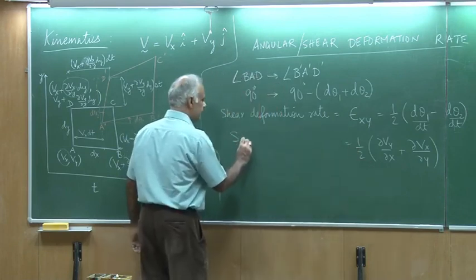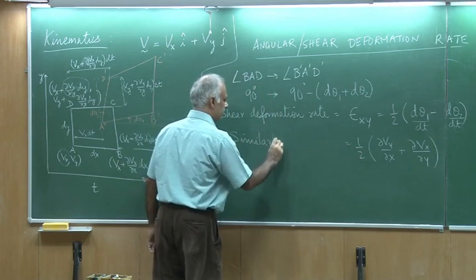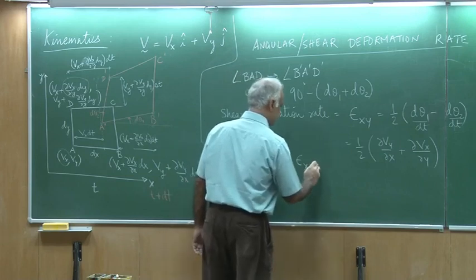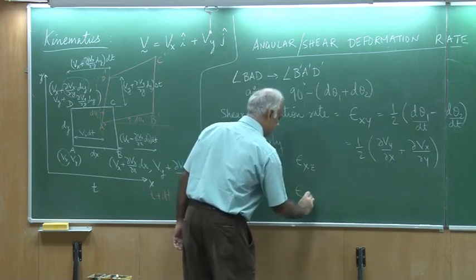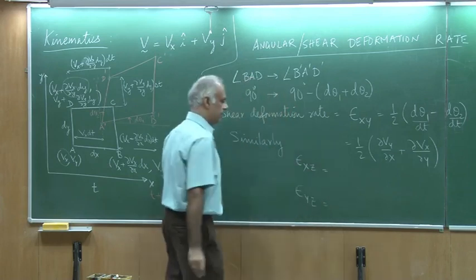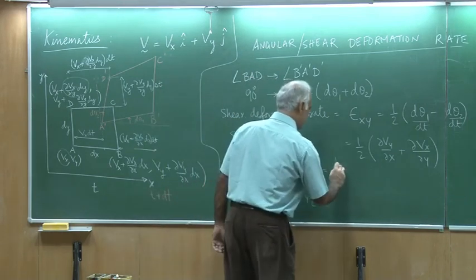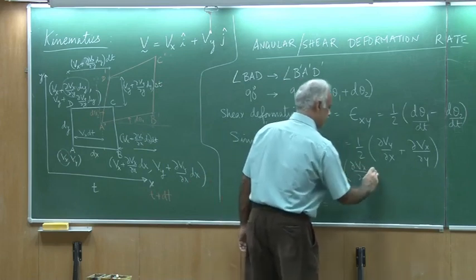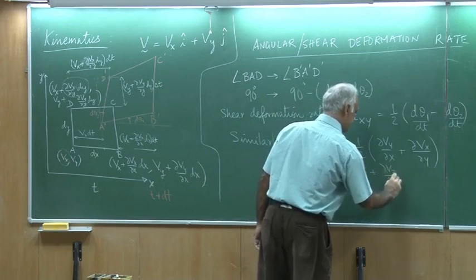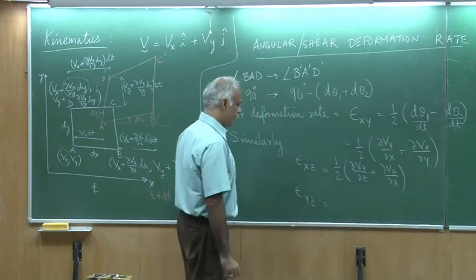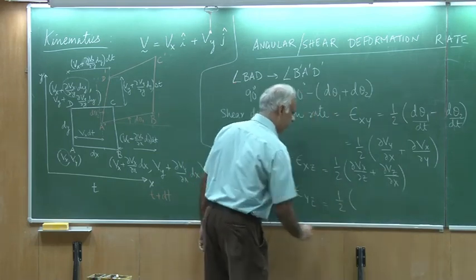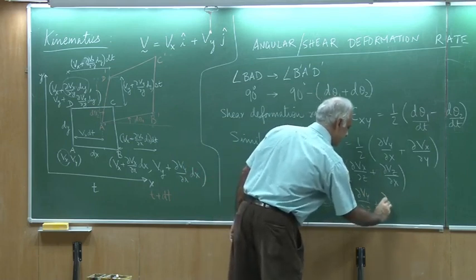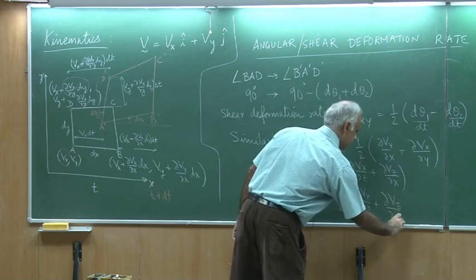I can similarly evaluate what could be my Exz and Eyz, and these would be given as half of del Vx by del z plus del Vz by del x, and this one over here is going to be given as half of del Vy by del z plus del Vz by del y.